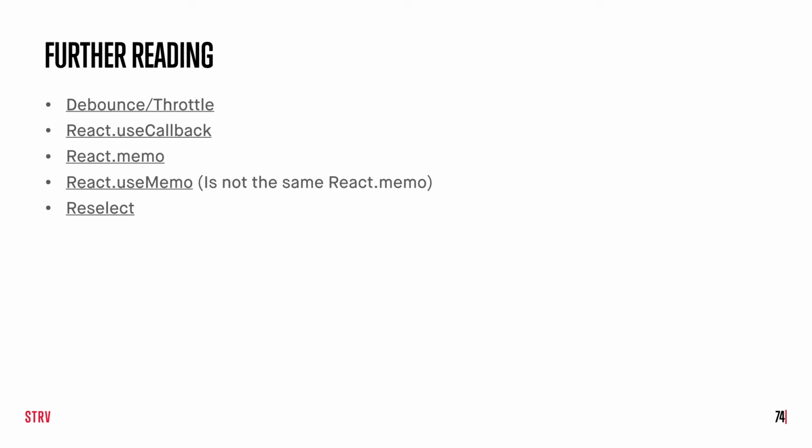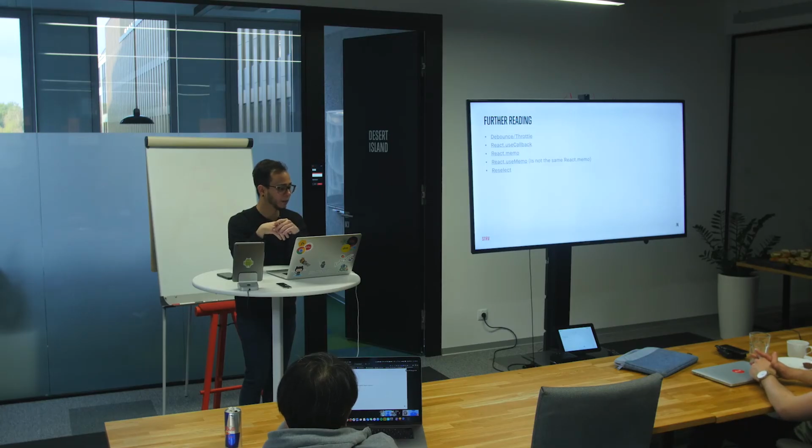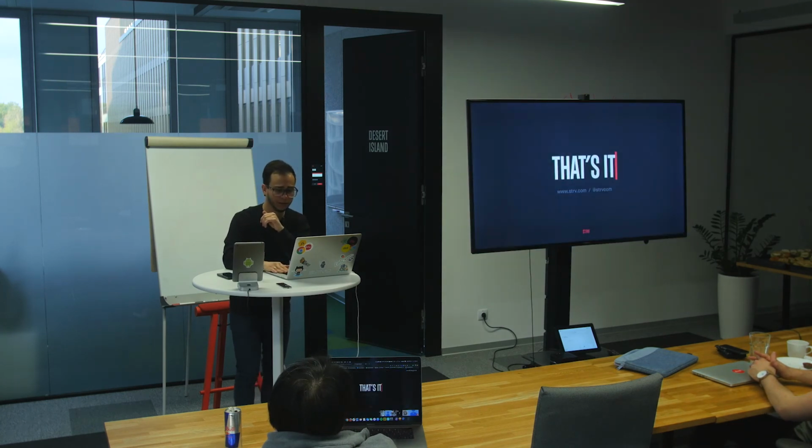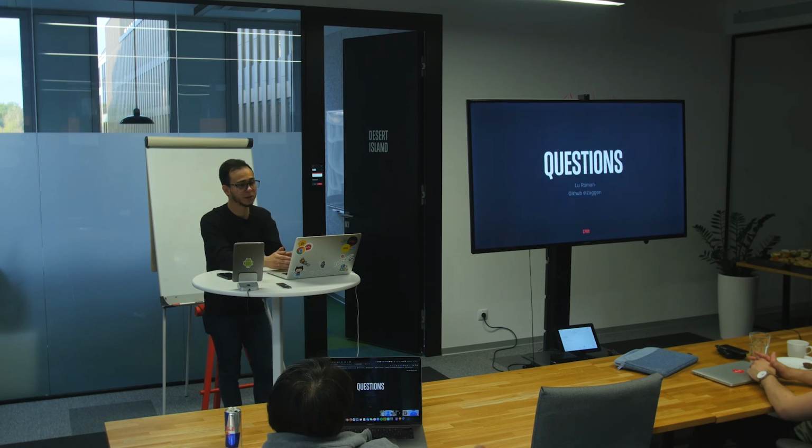So the more components you have connected, the more likely this will happen. But Reselect might help you a lot, along with some smart way of adding connect to your components. And that's it, guys. Any questions?